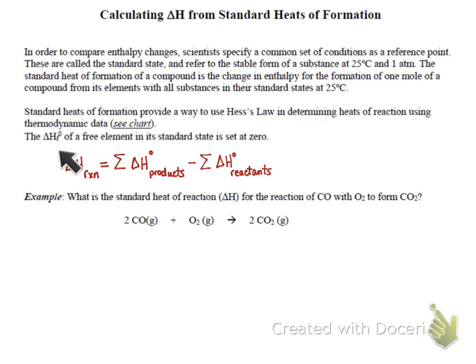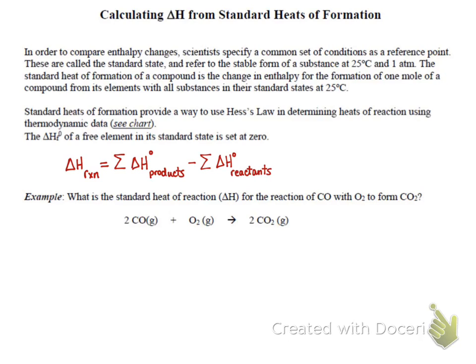So the overall reaction, if we're talking about formation reaction, is the sum of all the delta H's of all the products, and these are found from the chart, minus the sum of all the delta H's of the reactants.